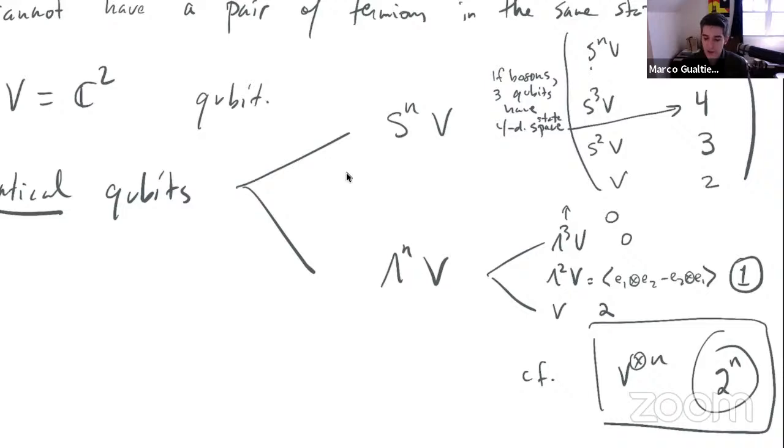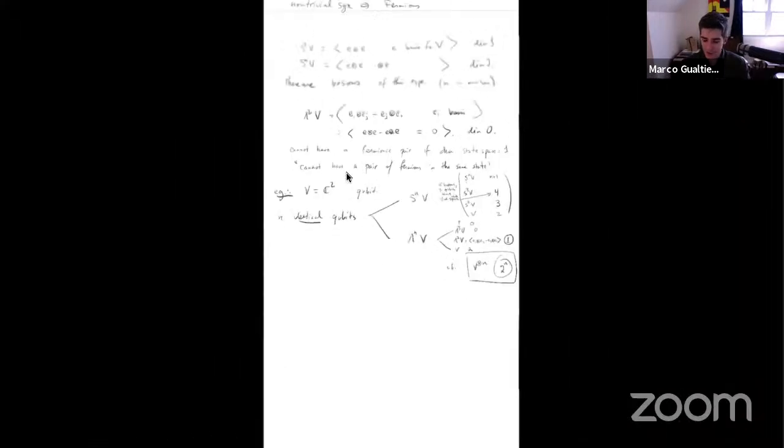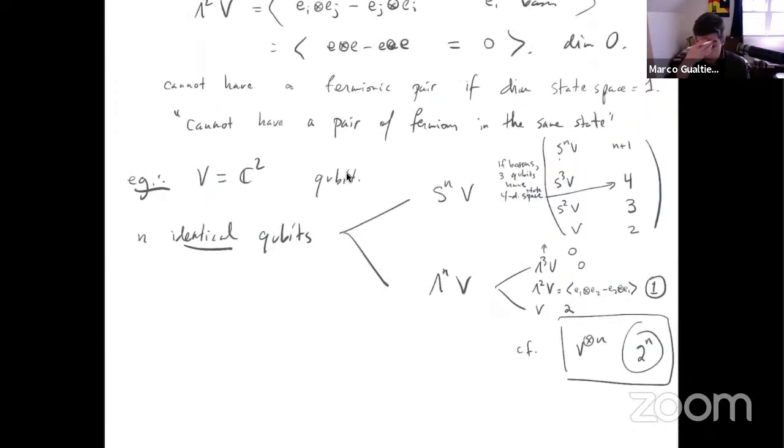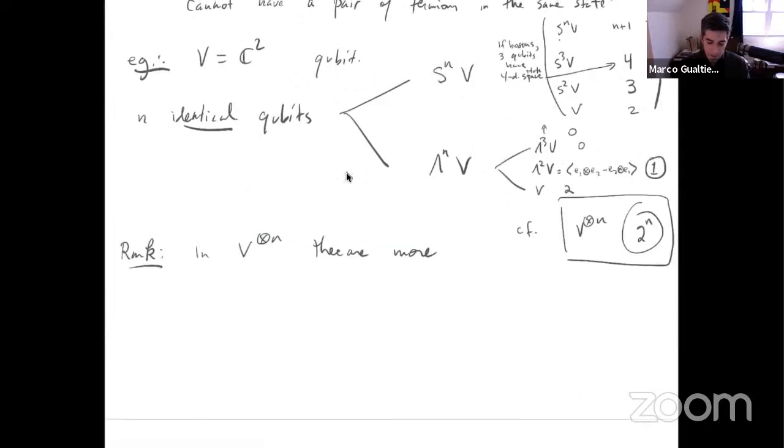Sorry, I hope that it's clear. I don't want to write a theorem or anything to this effect, but this is what happens in the case where V is 2-dimensional. Okay. Now, just one remark, not to give anyone the wrong idea. Inside V tensor n, there are many more irreducible representations of S_n.